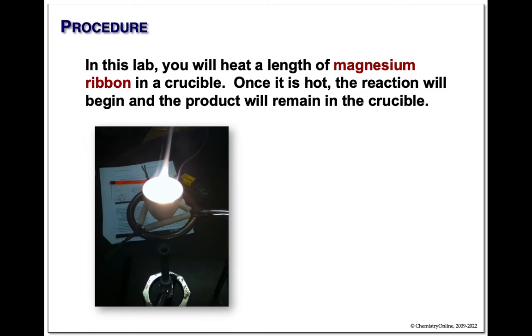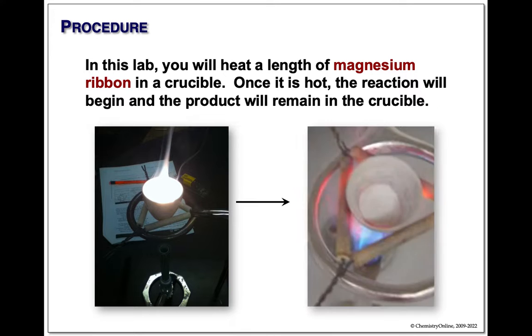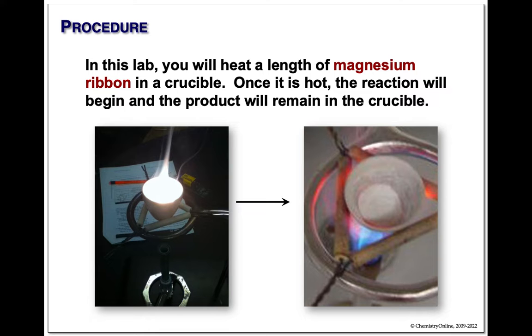When it hits a certain temperature, the magnesium will catch fire. Very important that you wear safety glasses. Don't stare at the thing because it's very bright. When you're done, you're left with this white powder in the bottom, and again, everything is red hot. So you have to be very, very careful with this.